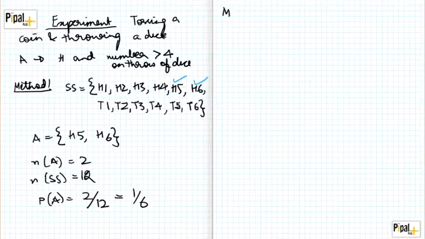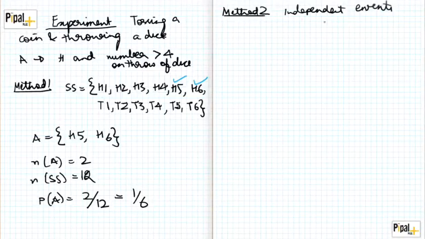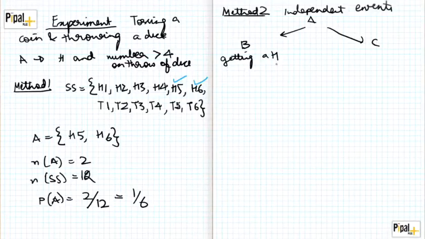The second method is using independence of events. In using the independent events method, the event A must now be subdivided into two events, let's say B and C, where B is getting a heads, and C is getting a number which is greater than 4 on the dice.